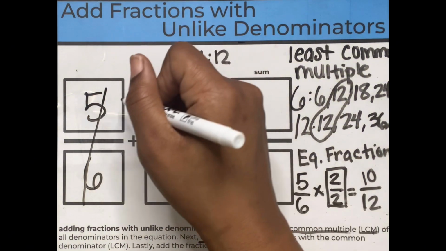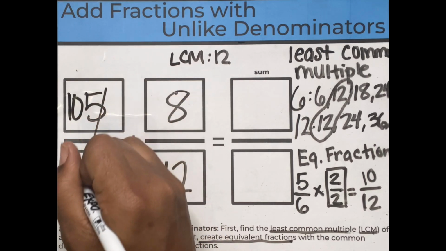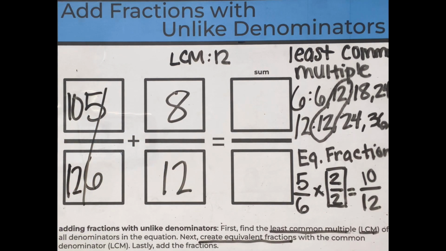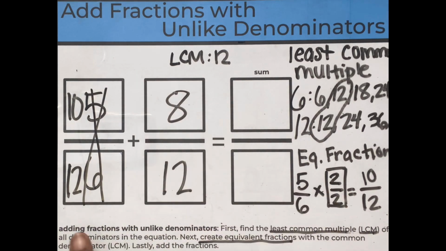Remember, the goal is to have the same denominator, same parts, twelfths and twelfths. Now, I have like units. Because I have like units, I can now solve this equation.